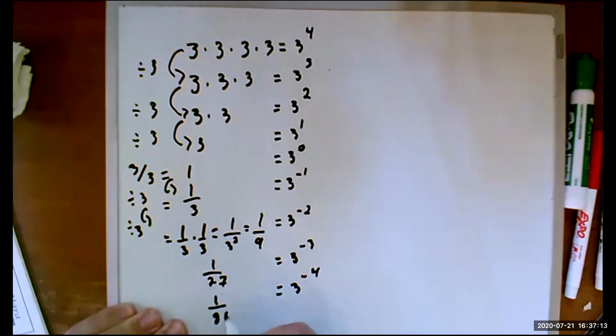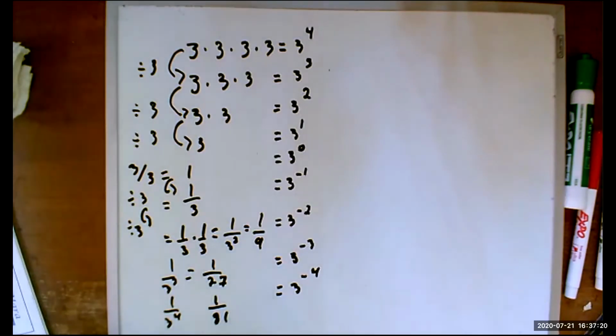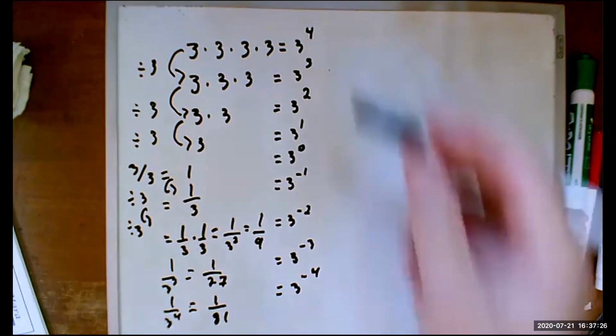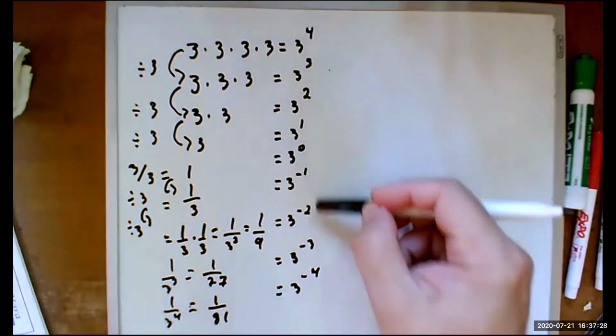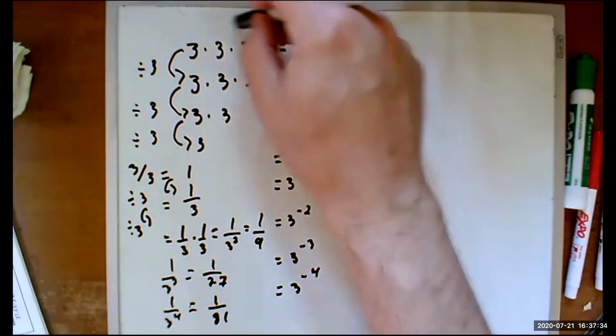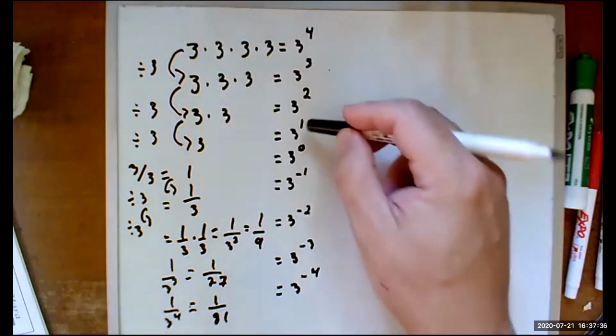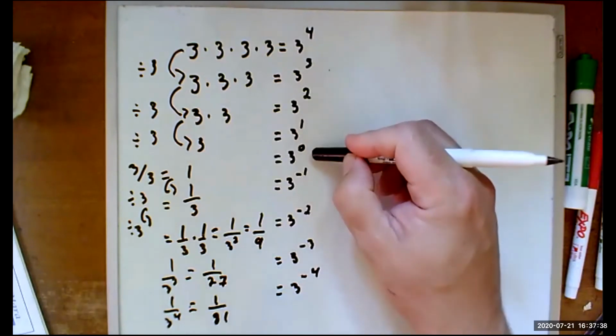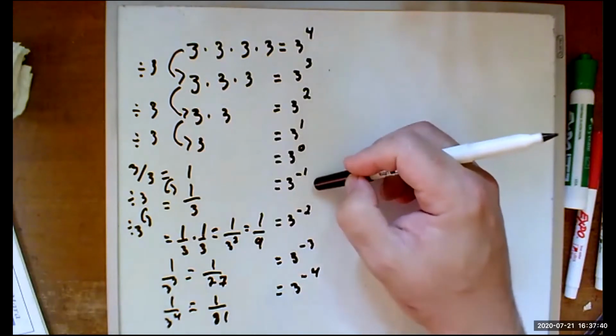And it carries on all the way down. So that's sort of a quick demonstration of what's happening with our integer exponents going down, all of our whole numbers.